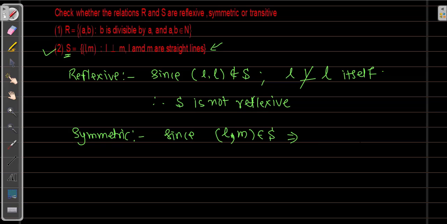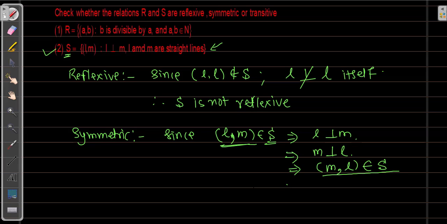Because the relation is defined like this, L is perpendicular to M. So if line L is perpendicular to M, also M is perpendicular to L. Yes, if this happens, then the ordered pair (M, L) also belongs to S. We started with (L, M) belongs to S, and we have proved that (M, L) also belongs to S. Therefore, our relation S is symmetric.